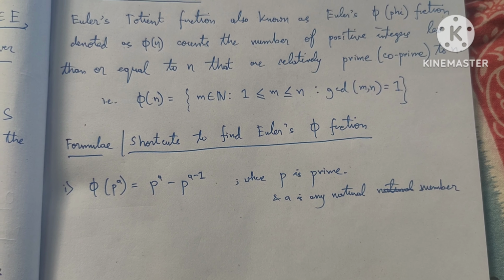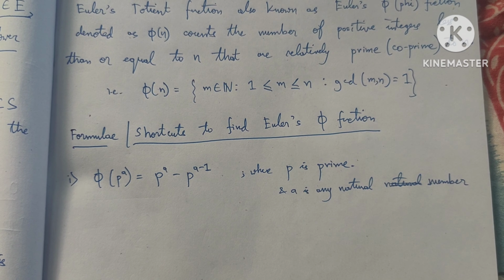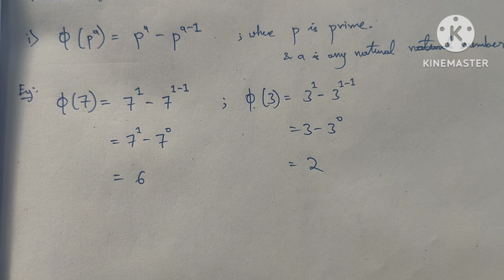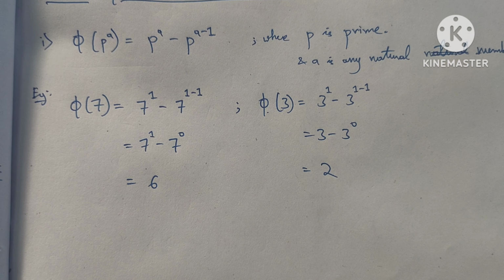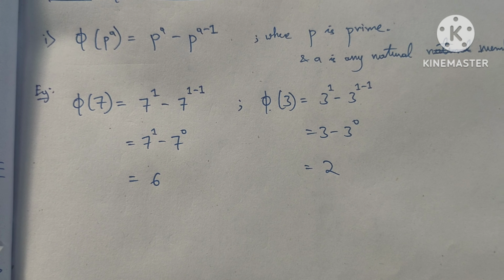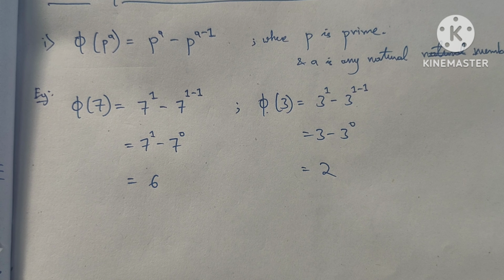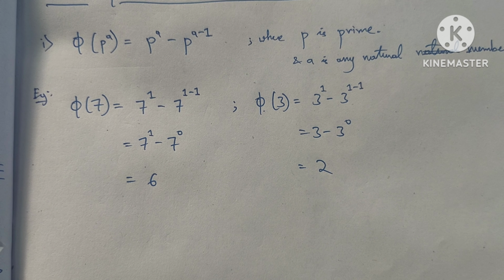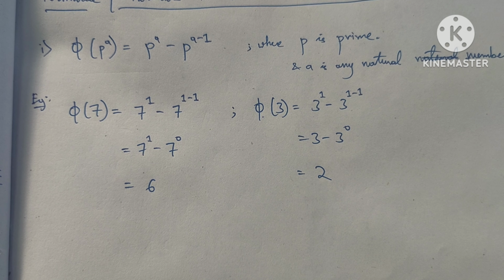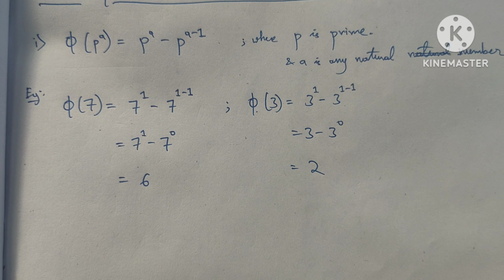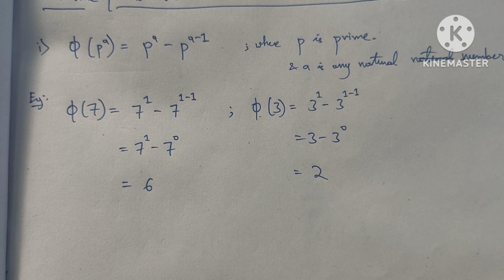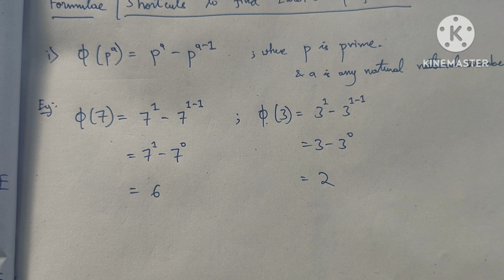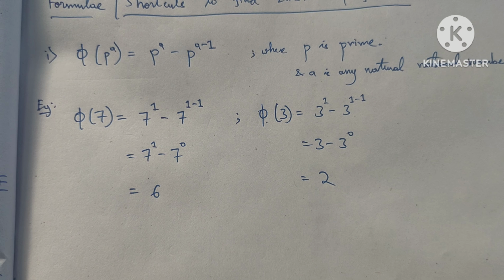Now let us understand this with the help of an example. Here I have taken two examples, one for phi 3 and one for phi 7. It is pretty self-explanatory: 7 does not have any multiple power here, so it's 7 to the power 1, and as per the formula we get the value of phi 7 and phi 3.